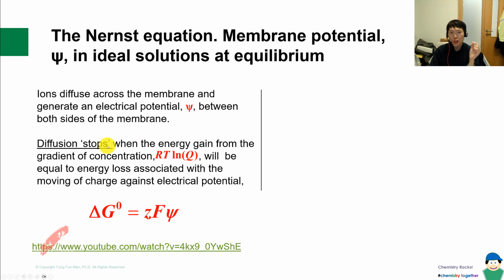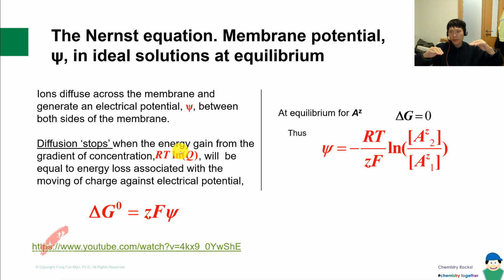And this diffusion stops when the energy gained from the concentration gradient is equal to the energy lost. Basically, it's not enough to climb, and therefore you reach equilibrium. Delta G is 0. And when delta G is 0, we shuffle the terms, because zeta is this.